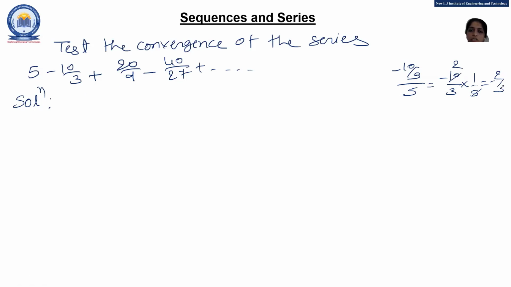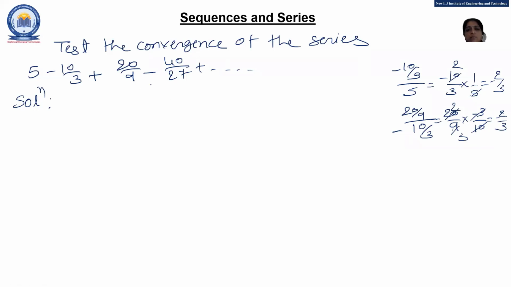For the ratio between the third term and second term, that is 20 by 9 upon minus 10 by 3, so here 20 by 9 into minus 3 upon 10. So here 10 twos are 20 and 3 threes are 9.